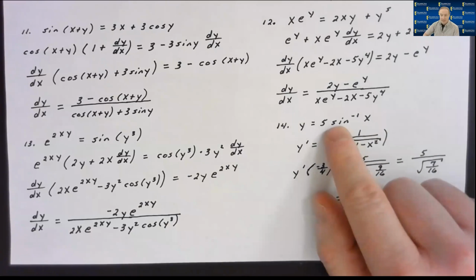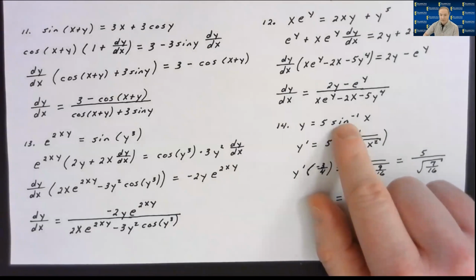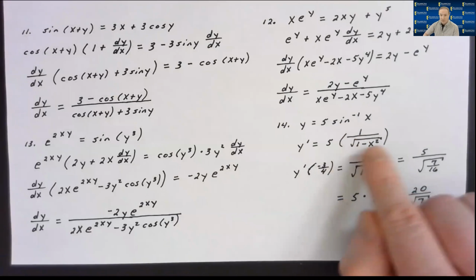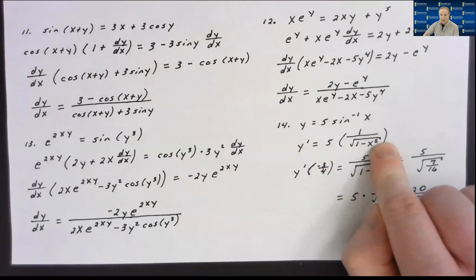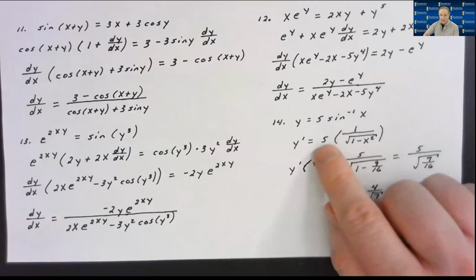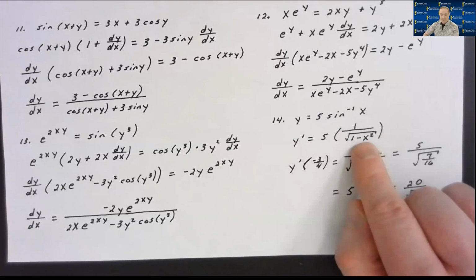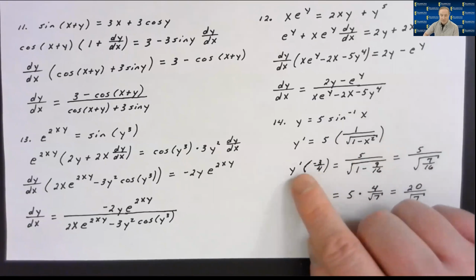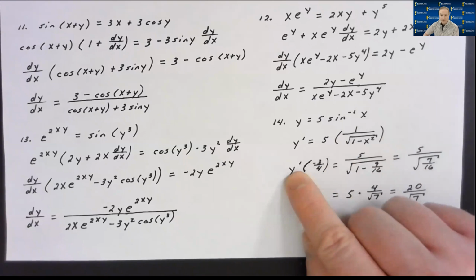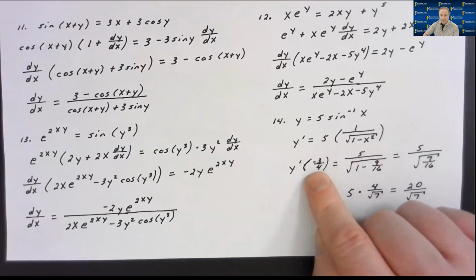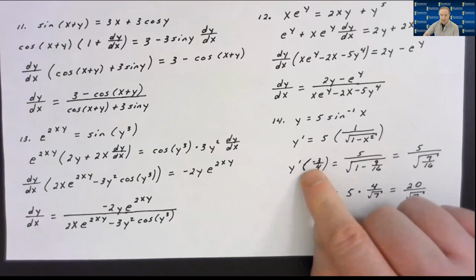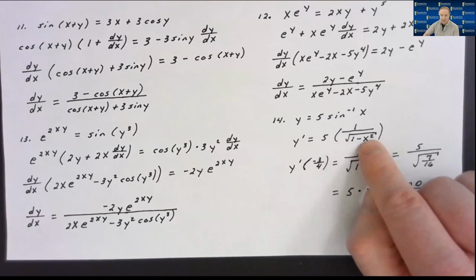Now, when I say I have to know the derivative of the inverse sine of x is 1 over the square root of 1 minus x squared, I do know that. So the derivative of 5 times that is just 5 times this group. Now, on Achieve, it wanted me to evaluate this derivative at negative 3/4. So I plug in negative 3 over 4 in the place of x after I've taken the derivative.